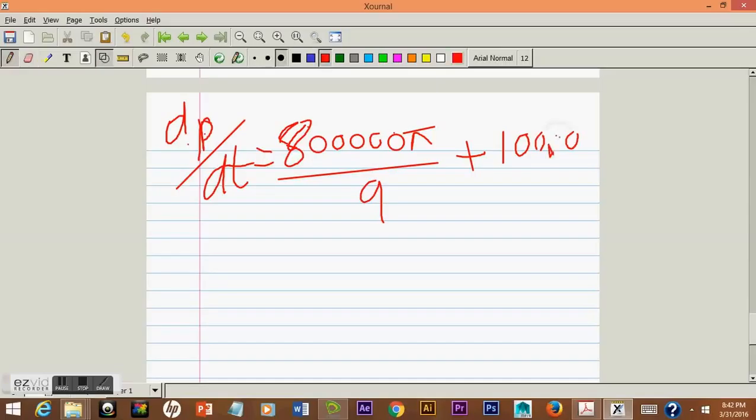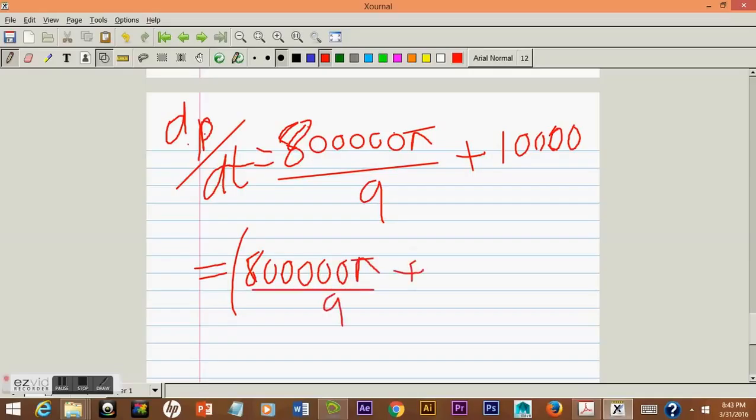So what we can do, dp by dt, 10,000 is not clear, write it again. 10,000, okay, it's perfect. So I can further simplify it. 800,000 pi over 9 plus 10,000 centimeter cube per minute.